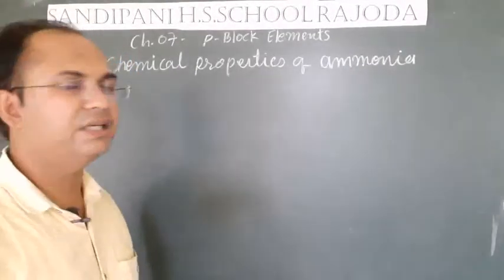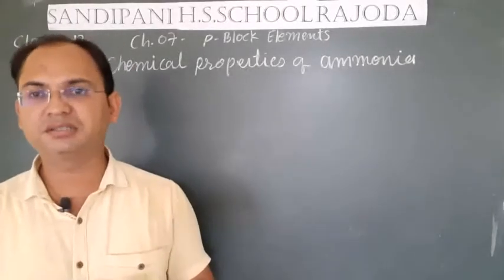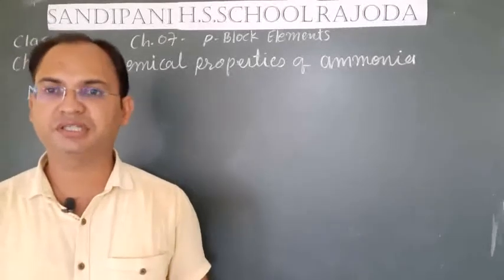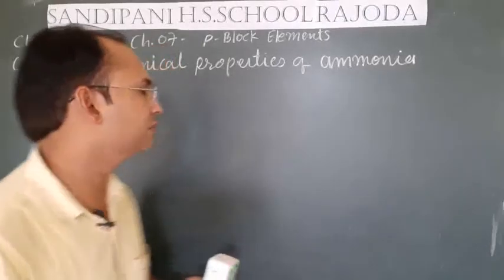The first property is when ammonia passes through an electrical spark, then it breaks down into its constituent gases, that are hydrogen and nitrogen.